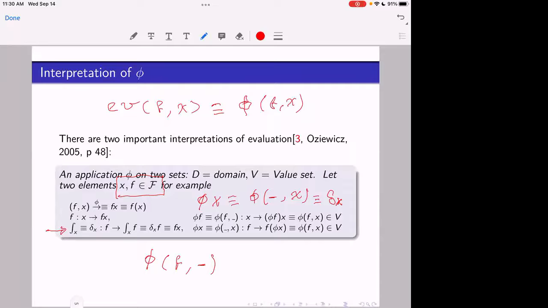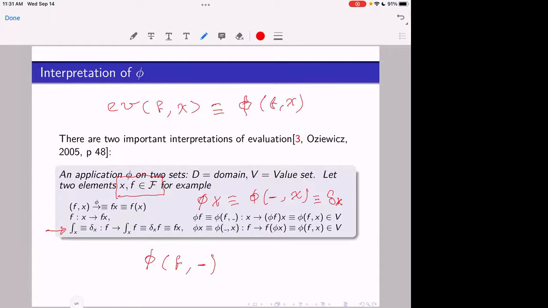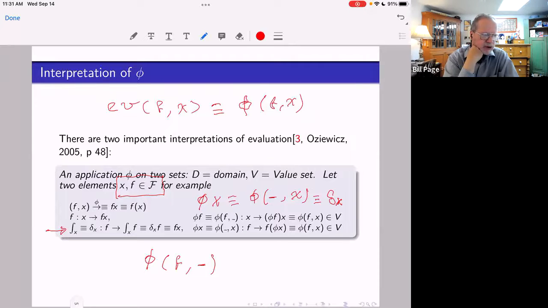Okay, yeah, that's interesting. But still, the expression that you wrote in the red box, you write x and f are both elements of the scalar field. Yes.